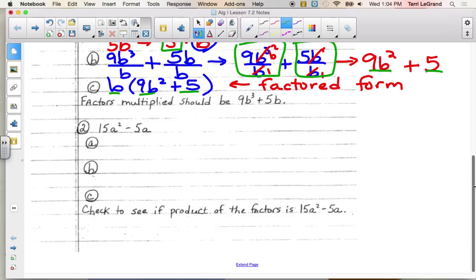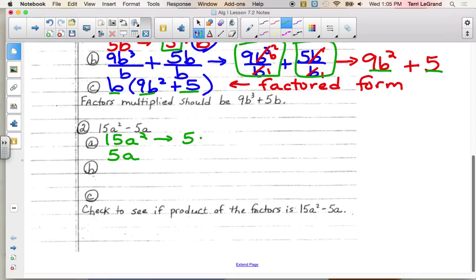By the way, don't worry about changing subtraction to add the opposite of these. Just leave them. In fact, it'll probably work better for you if you don't. Okay? So step A says, take each of those terms and factor them out. So 15a squared, what do you want me to factor that to? Jade? 5 times 5 times 5 times a times a.